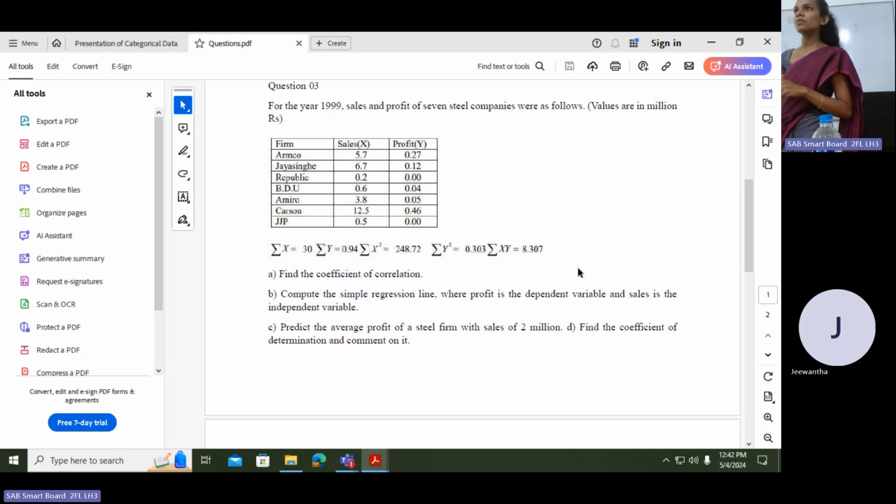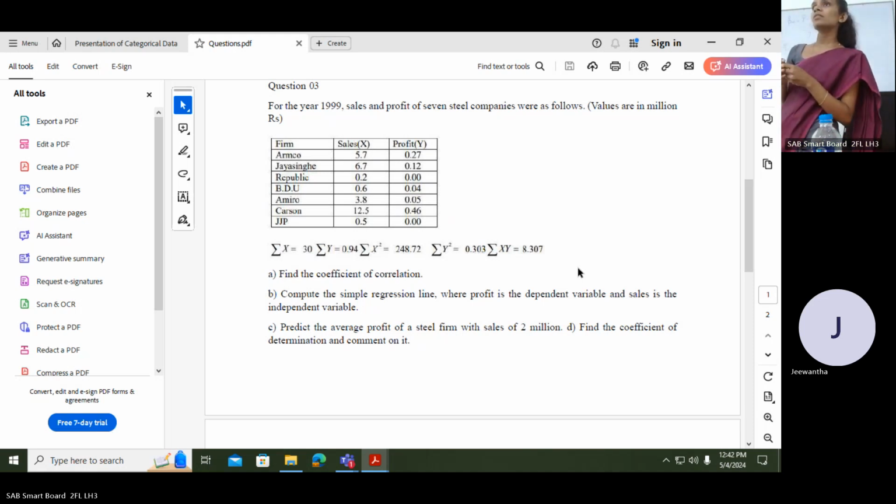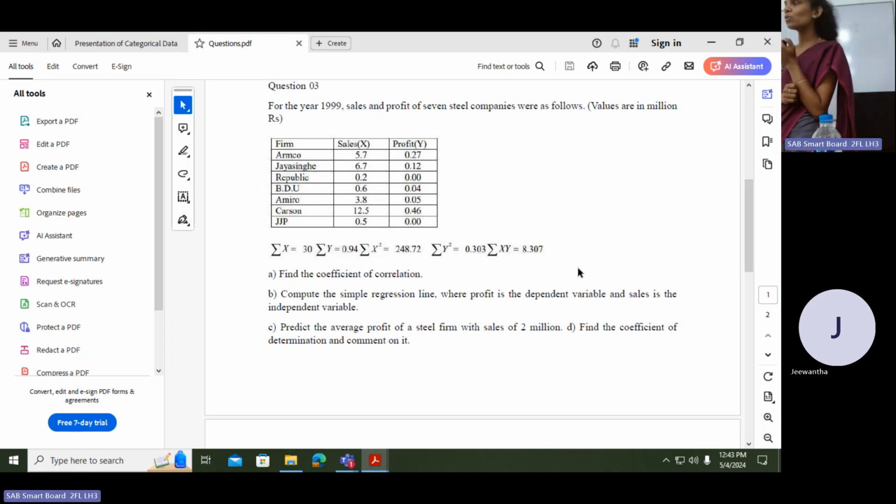It gives a minus value. Beta naught, what is the value of beta naught? I got minus 0.018.